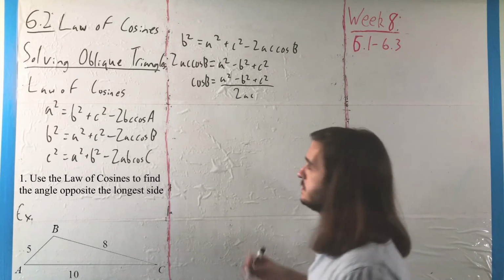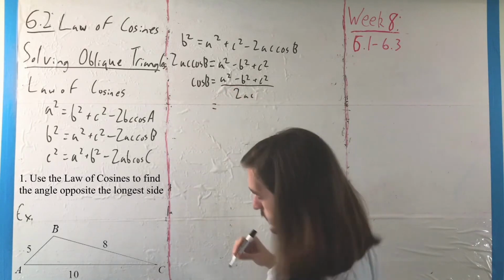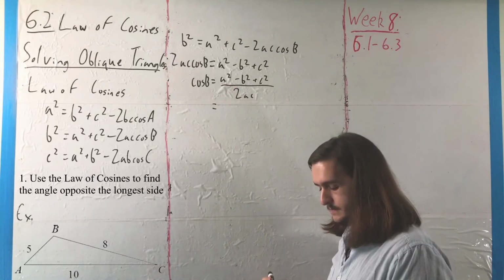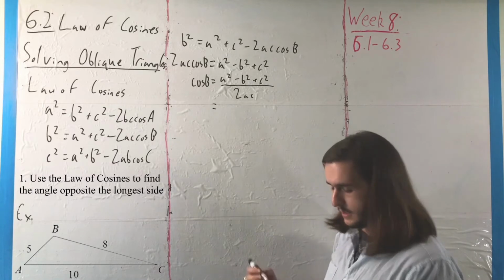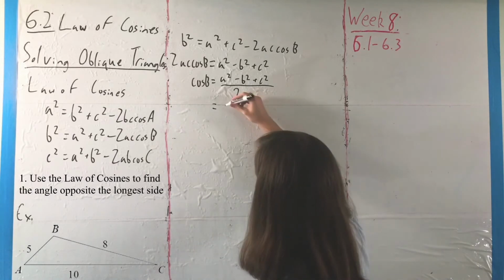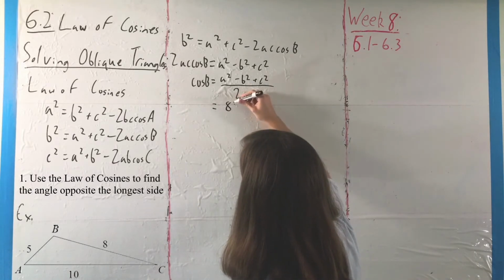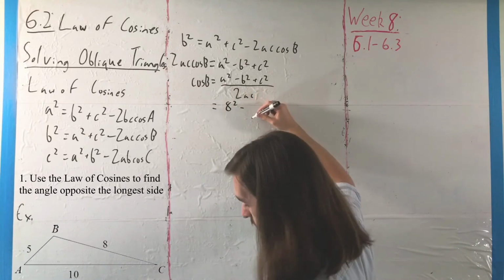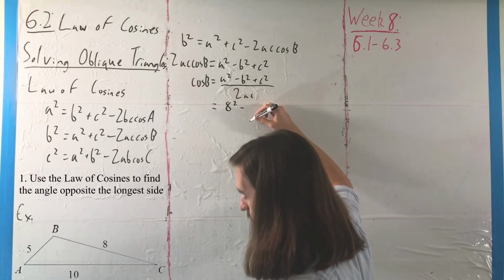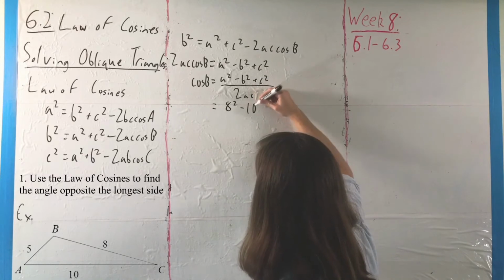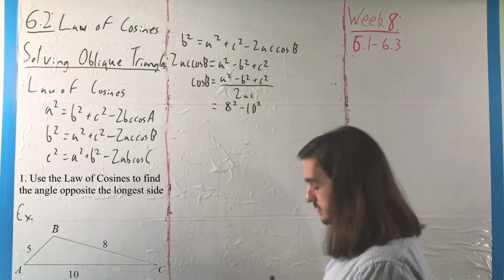Those are the side lengths. We're going to call little a the length opposite angle A, so that would be 8, meaning we get 8 squared. Angle B, as we said, is opposite side b, so little b is going to be 10 squared.